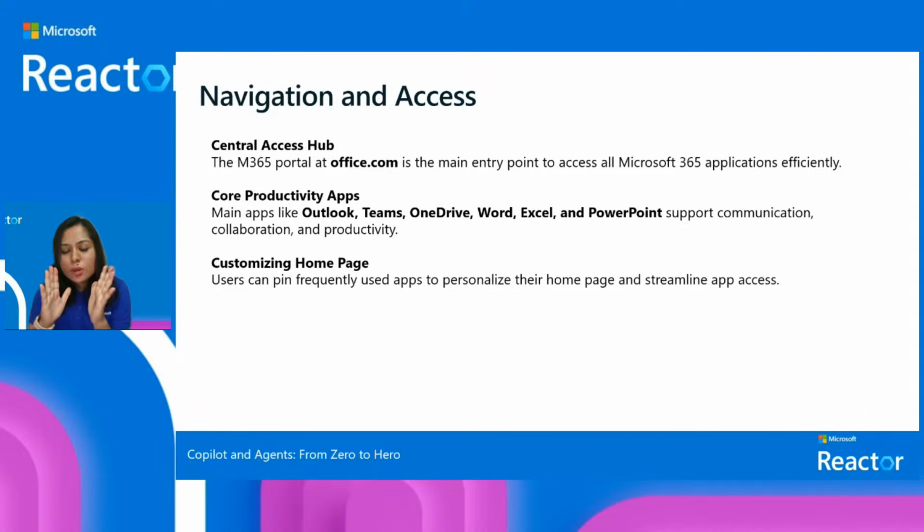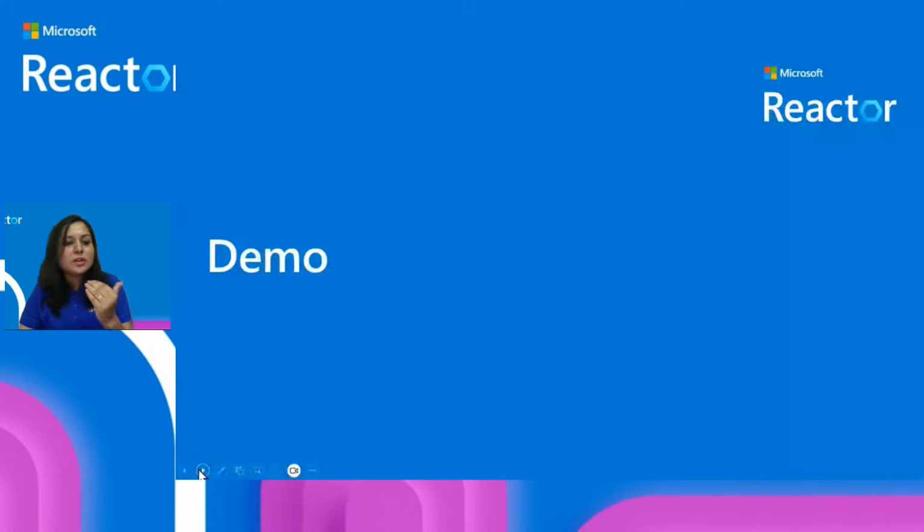It's like a one-stop shop for your Office applications. Your core productivity apps that you use day in and day out, like Outlook, Teams, OneDrive, Word, Excel, and PowerPoint, can be accessed from office.com as well, the web version of it. Now, let's take a look at a short demo on identifying these components.